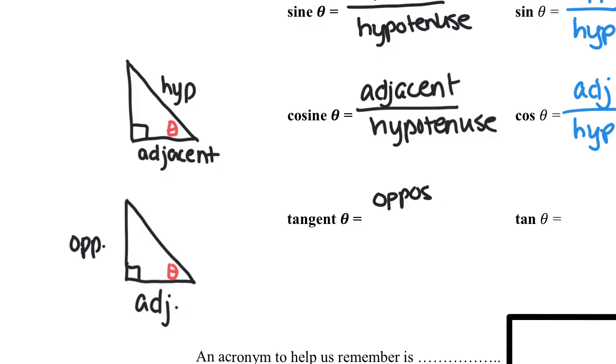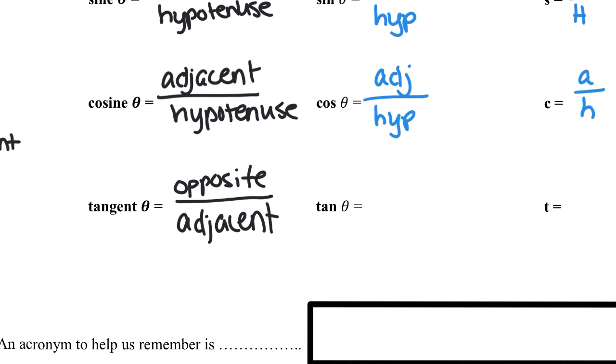Sorry, apparently I can't spell today. Over then the adjacent. So to abbreviate that, tangent abbreviates to tan, but still pronounced tangent, is going to be that opposite over adjacent. And then T is equal to O over A.